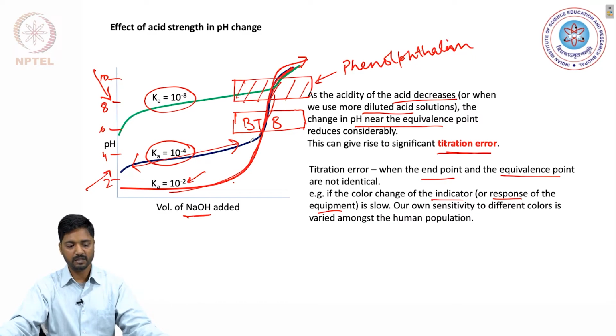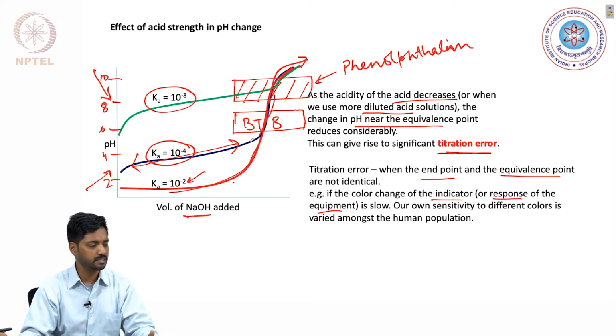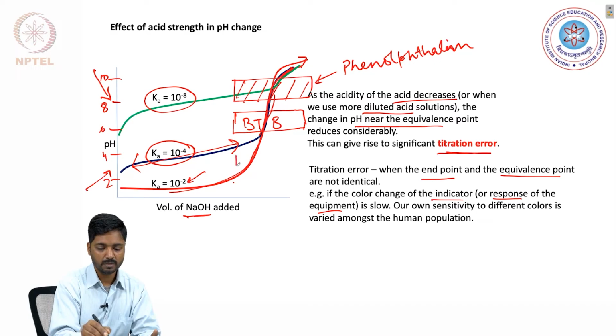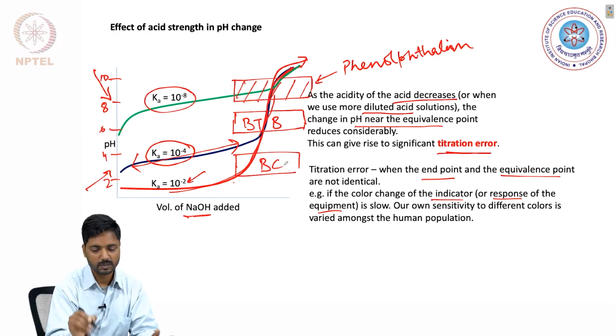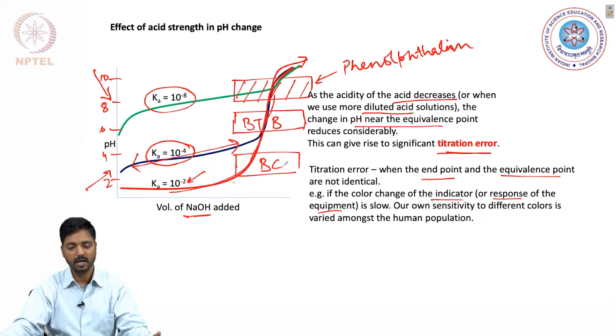When we are dealing with a more acidic acid, we can choose a different indicator. For example, in this case, we can use the bromocresol, which has a pK value of 4.7. So, it would work best in the acidic regime and will be useful when we are titrating strong acid with a strong base.